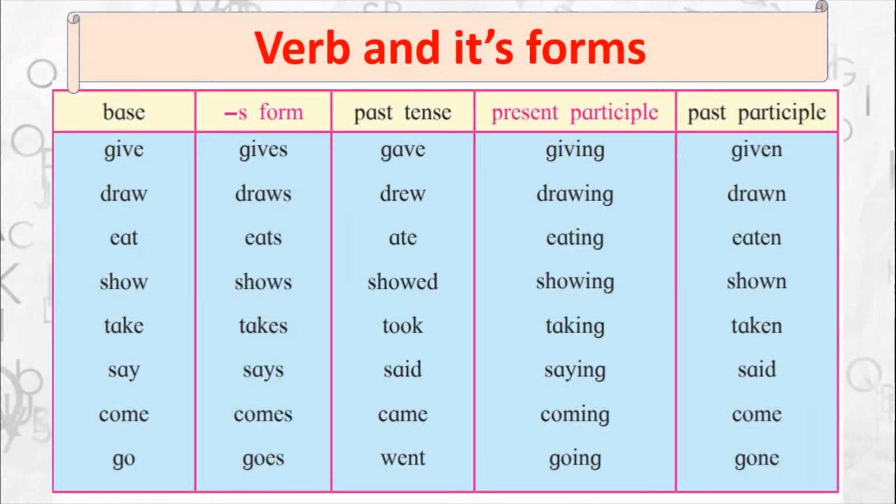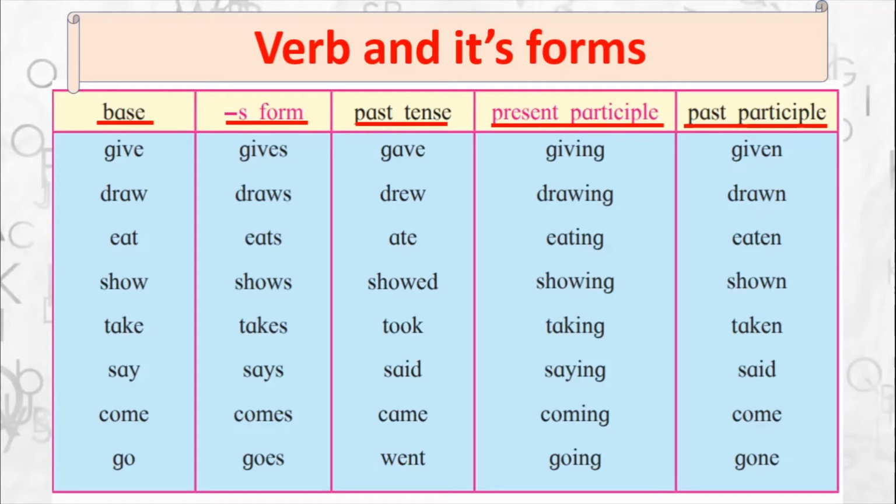In this exercise they have asked you to learn more about the verb in the base form, the verb in the S form, the past tense of verbs, the present participle of verbs, and the past participle of verbs. So this is a long lesson.